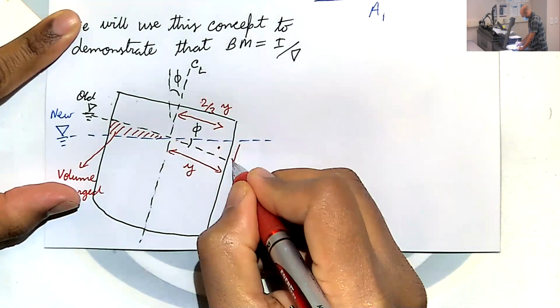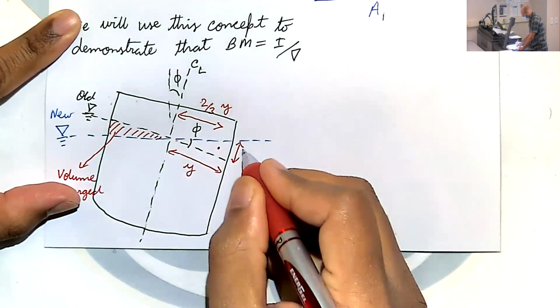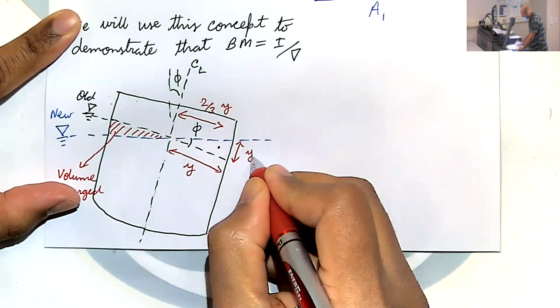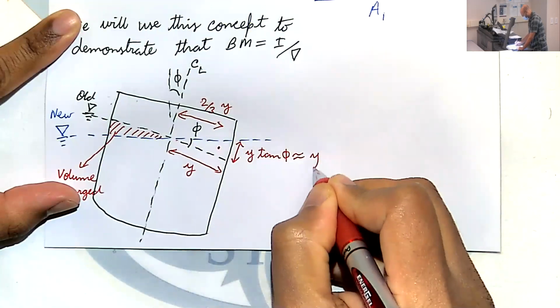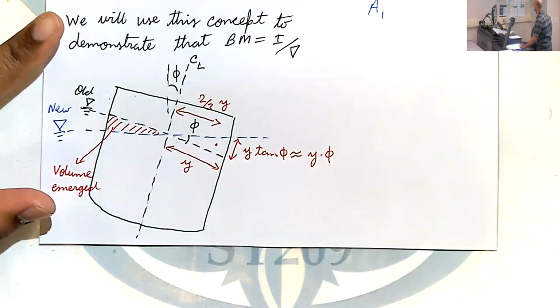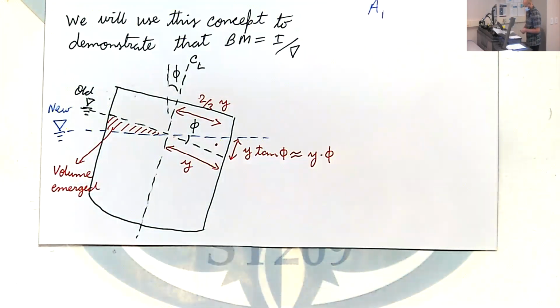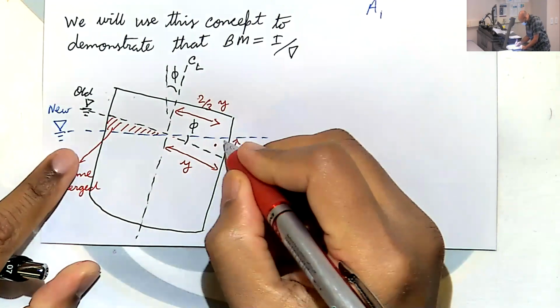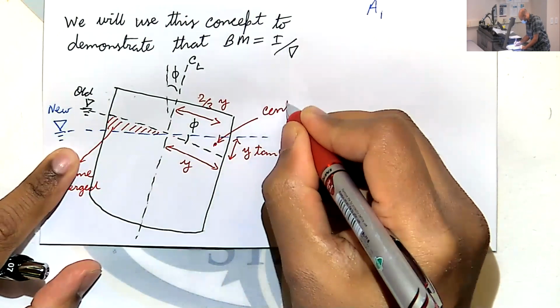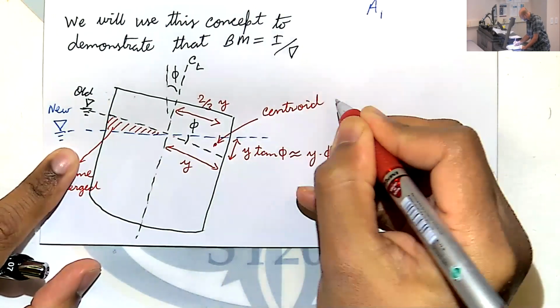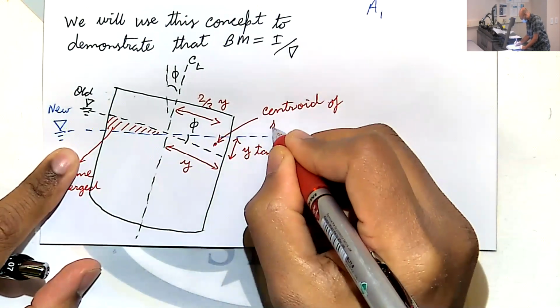The base or height of the triangle would be y tan phi, nearly equal to y times phi if the roll angle is small. And let's mark this as the centroid of submerged.